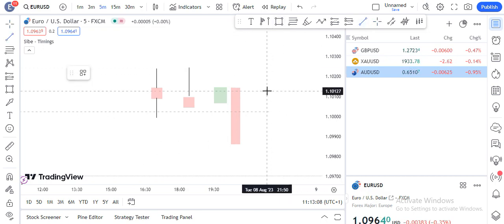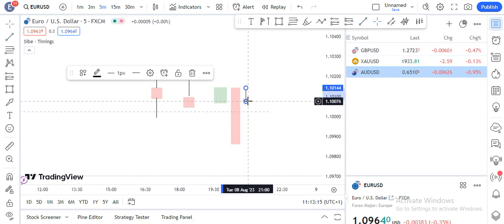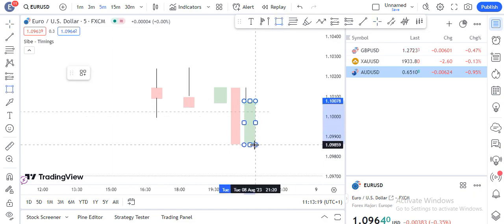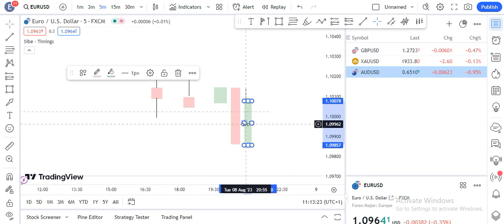What I use is the first wick that prints into ICT's order block. So let's say there's another candle right here, which is a bearish candle probably.